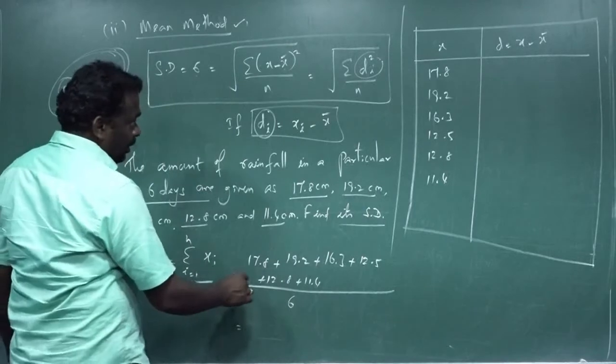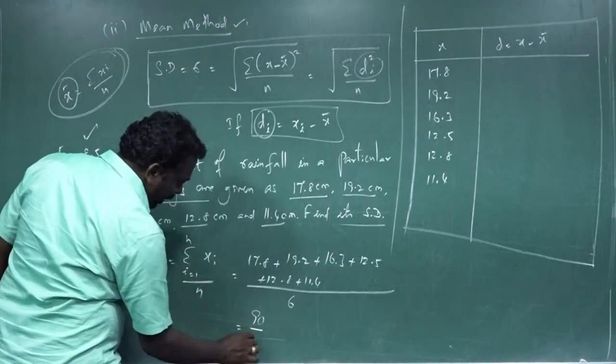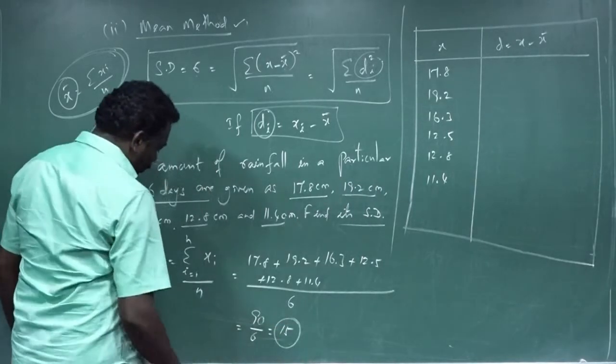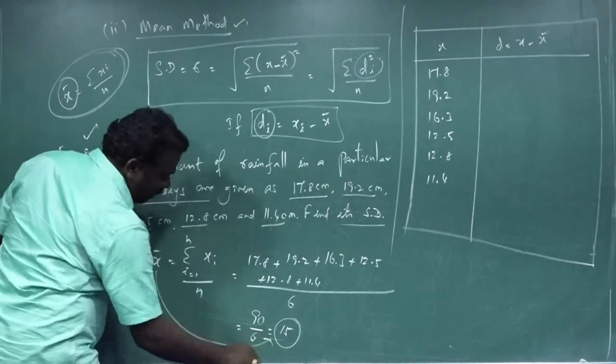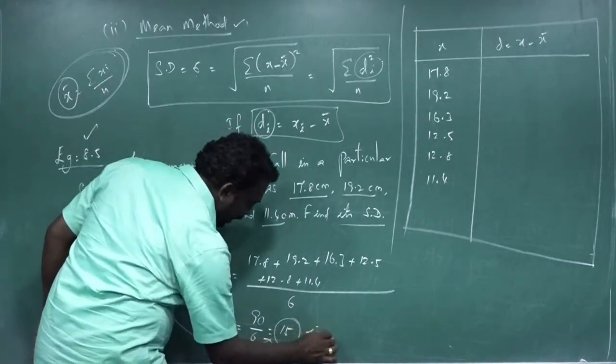Now adding all the numerator, the total becomes 90 by 6. Now cancelling, we get 15. Therefore x bar is 15. The mean is 15, and it is an integer.